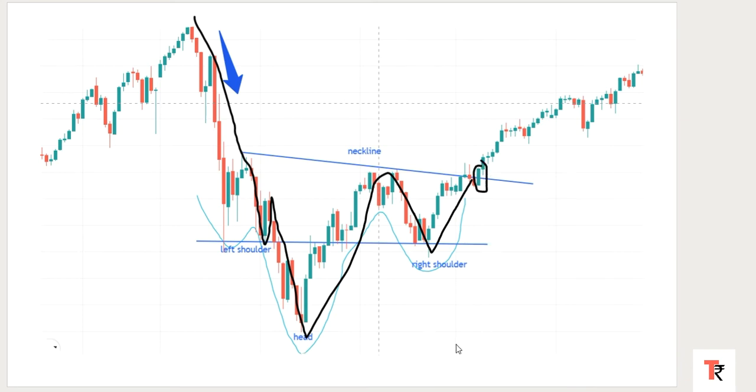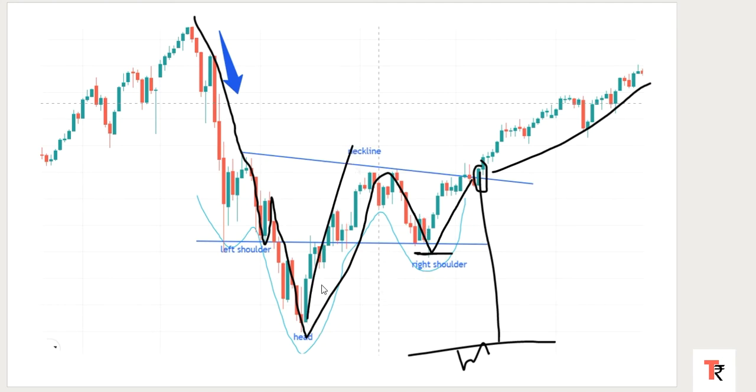You will also watch the volume at this particular level, and after that you can see the stock moving up. So your stop loss would be at the low of this candle, and the target would be the difference between the neckline and the head. So this is how you can spot an inverted head and shoulders pattern.